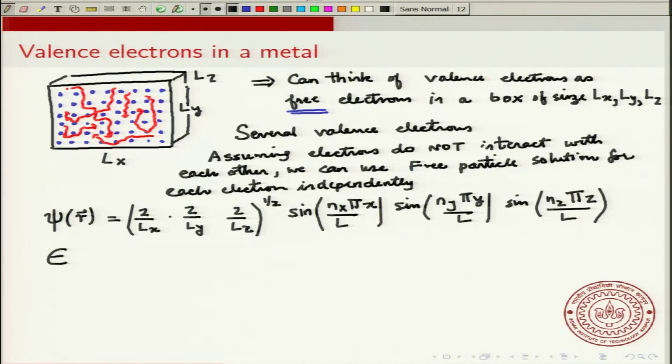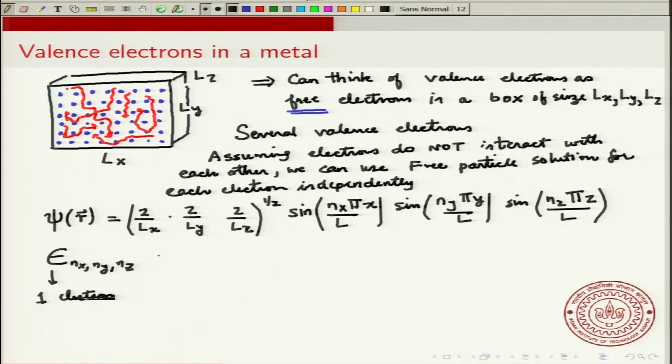And the energy of the electron, I will denote it by epsilon. This is the energy of the electron when it is in state nx, ny, nz. I am using the notation epsilon because this is one electron, and there are several electrons in the system.